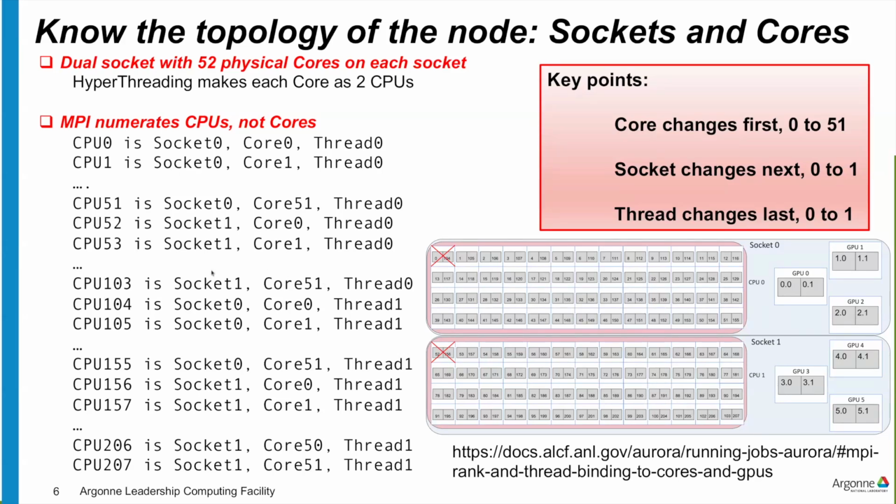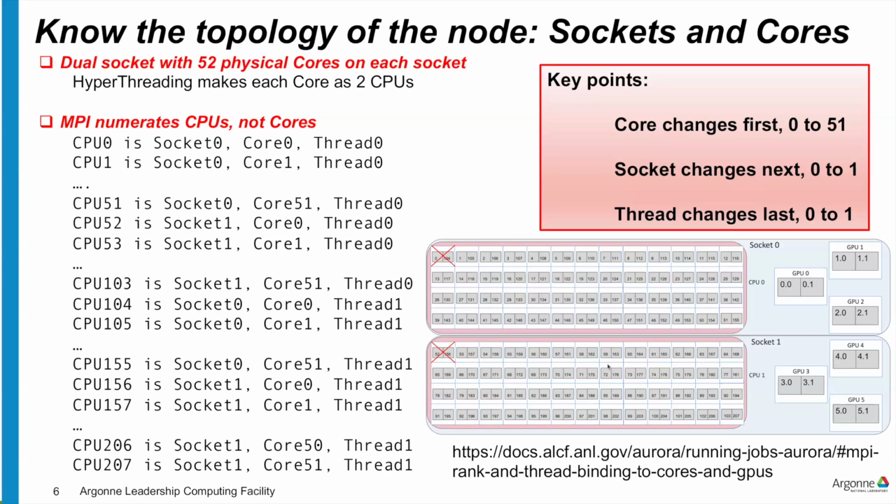So we have the cores increasing over the socket first, then we come to the next socket, then we come to the next thread, and then to the next thread on the next socket. So basically, threads 0 of each core are numbered first, threads 1 of each core are numbered last. That's the numeration we are using here.